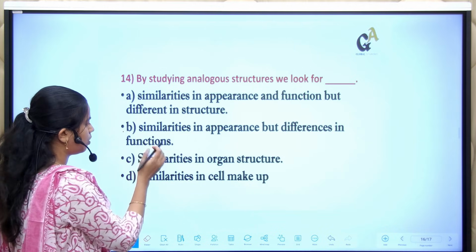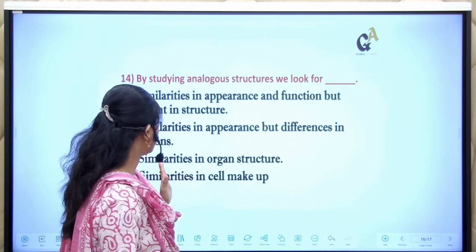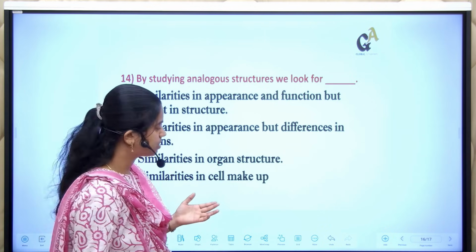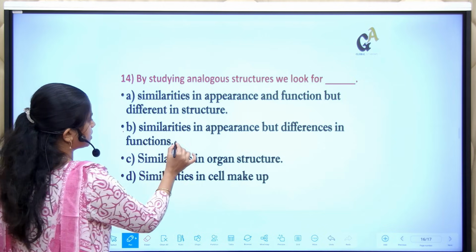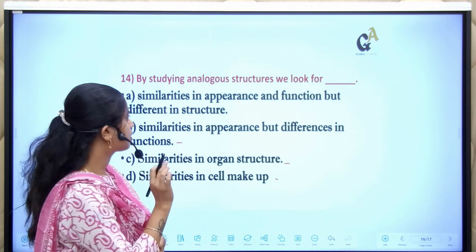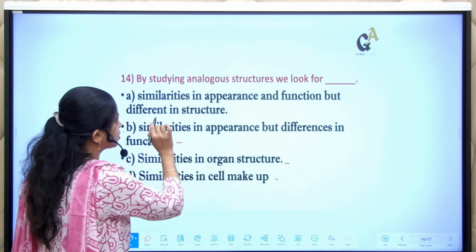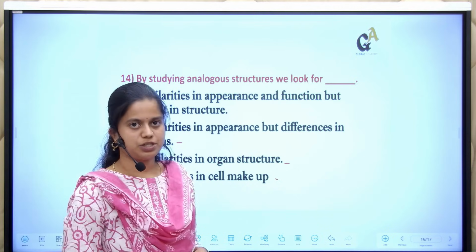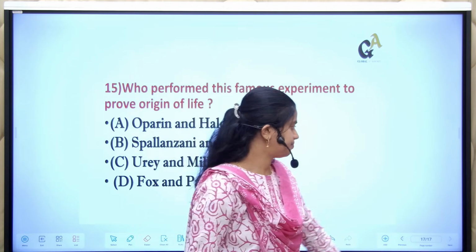So let us look at options B, C, D. Similarities in appearance but difference in function, similarities in organ structure, similarities in cell makeup. Among these three, none is related to analogous. Only similarities in appearance and function but different in structure is the actual meaning of analogous structure.